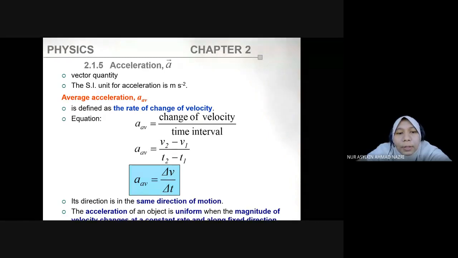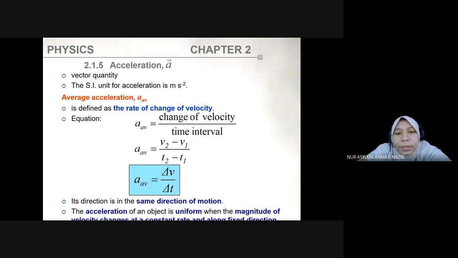Direction of an object is uniform when the magnitude of velocity changes at a constant rate and along a fixed direction. So uniform juga acceleration tu kalau velocity is not change.